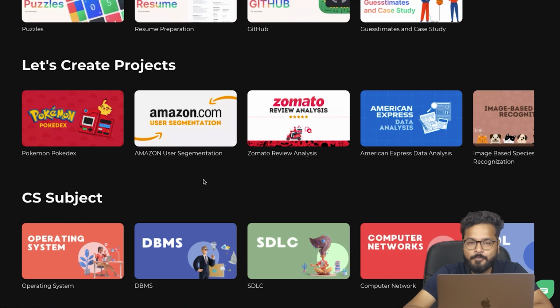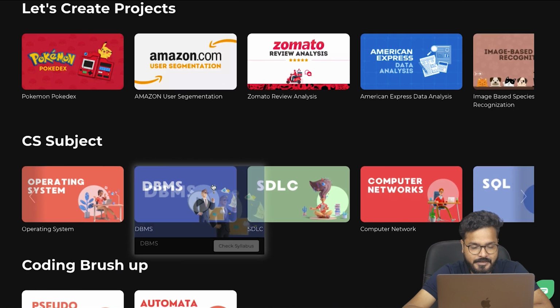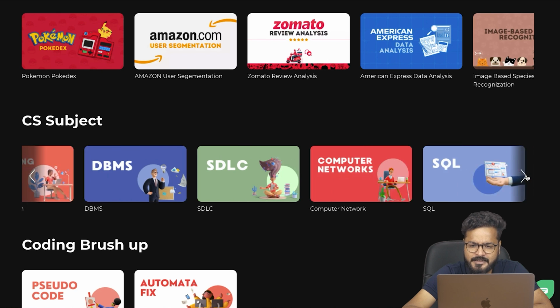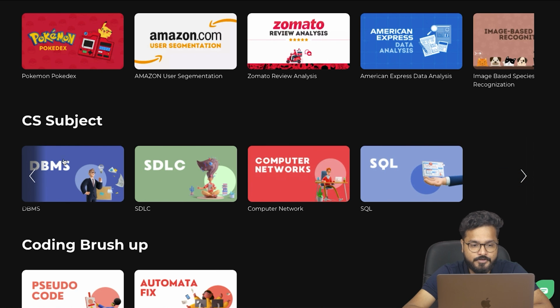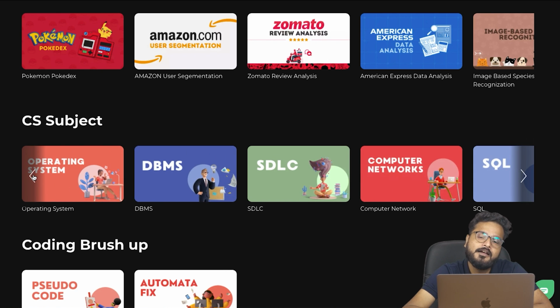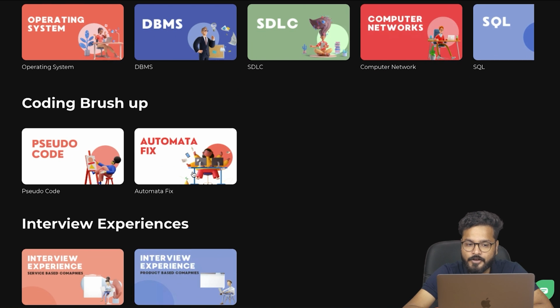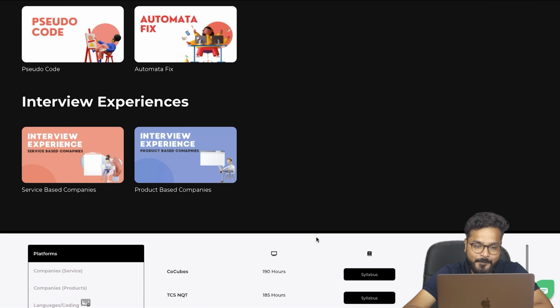Be it any projects you might need to show in your interviews, we already have projects listed which you can use. Computer science subjects like OS, DBMS, SDLC, computer networks, SQL, which is very important for company-specific computer MCQ sections and for your interviews, we already have it. Pseudocode and automata fix, which is supposed to be there in Cognizant GenC, we already have on Prep Insta Prime.